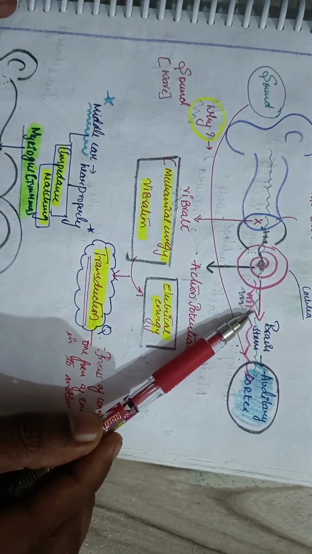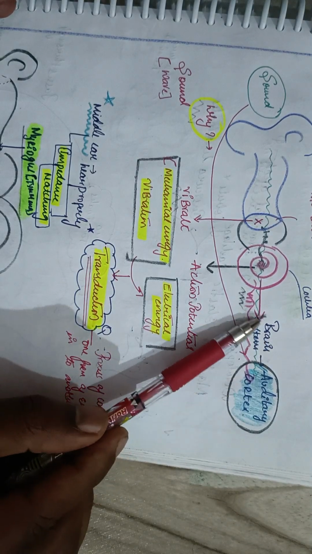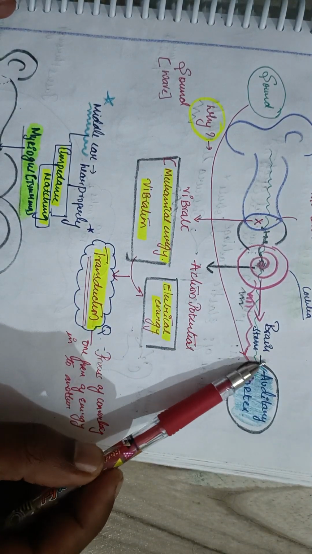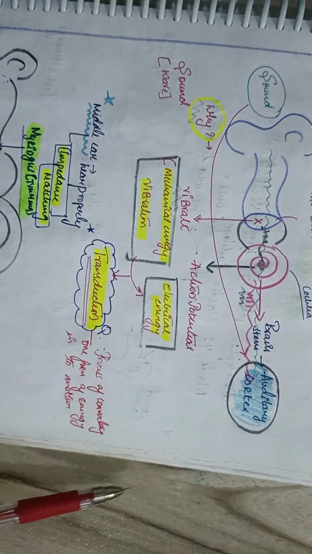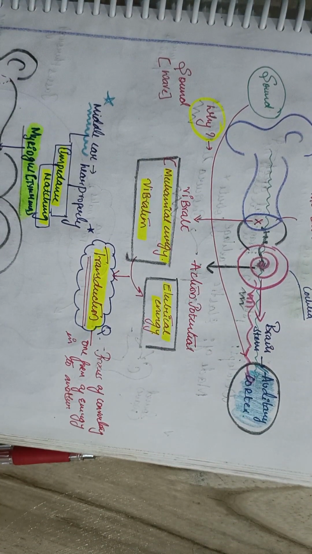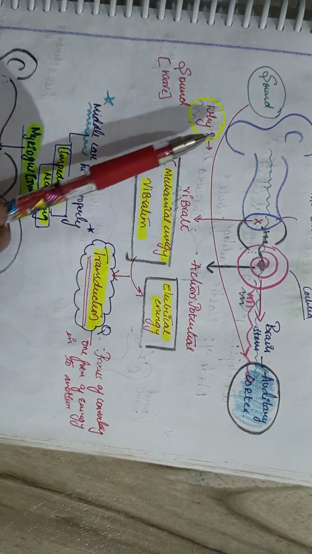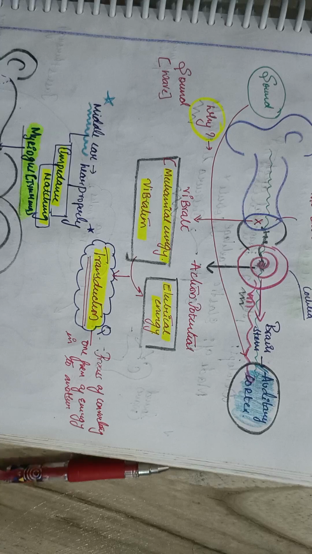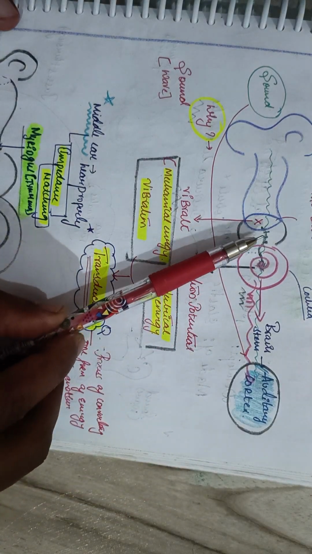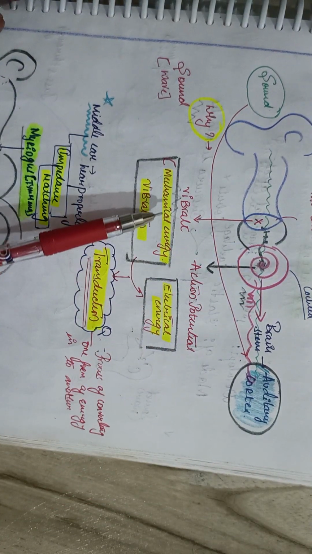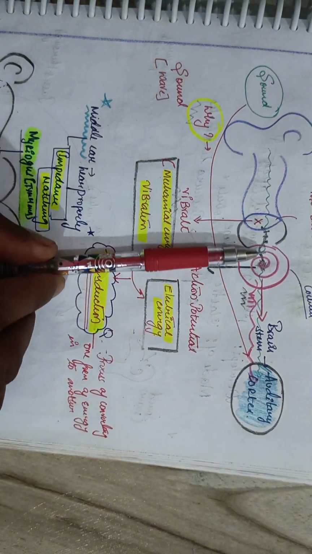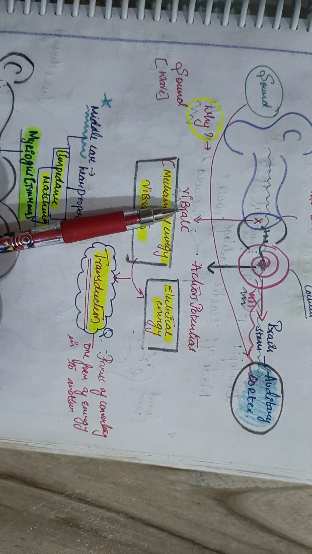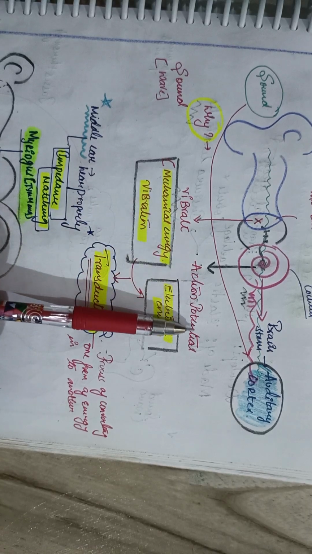From the eighth nerve, it goes to the brainstem. From the brainstem, it goes into the auditory cortex. That's a very simple, basic point. So first, sound enters in the form of sound waves. It hits the tympanic membrane, where it vibrates, and you get mechanical energy. From there it goes into the cochlea, and the vibration becomes an action potential.